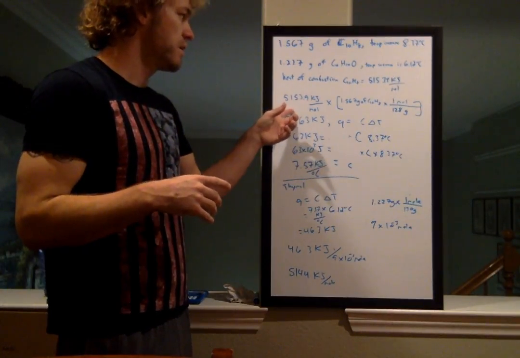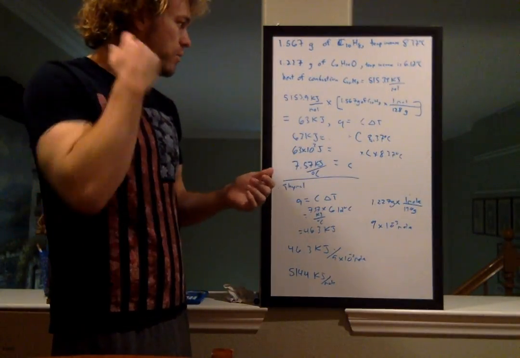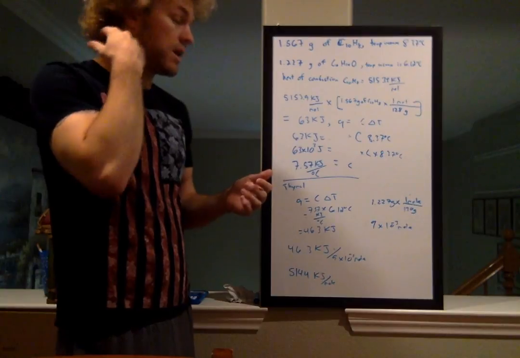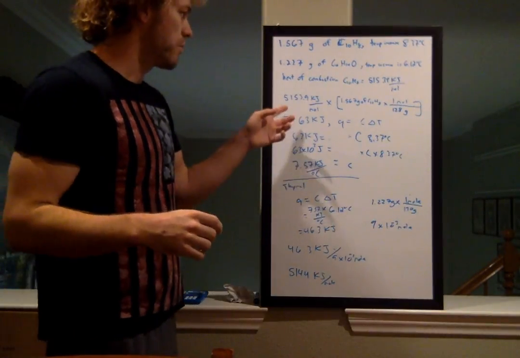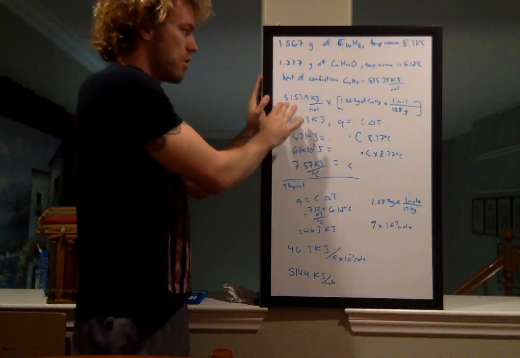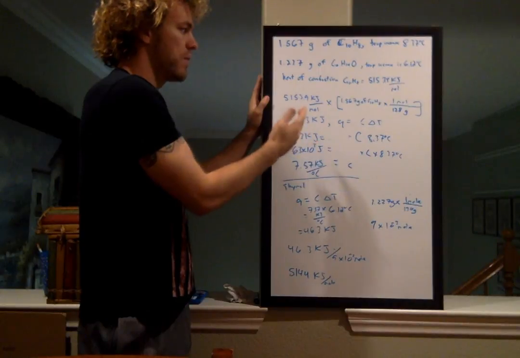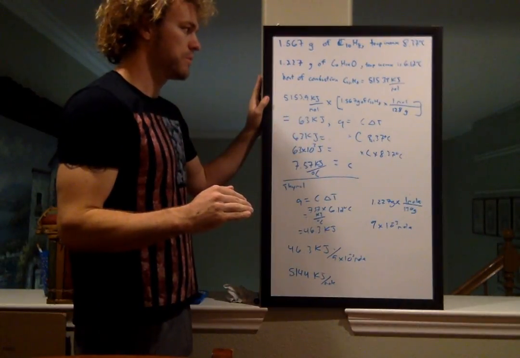You know that it's Q equals MCΔT, right? But right now we're just going to be solving for the heat capacity because we're given heat per mole. What we can do is convert our 5,153 kilojoules per mole just to kilojoules.